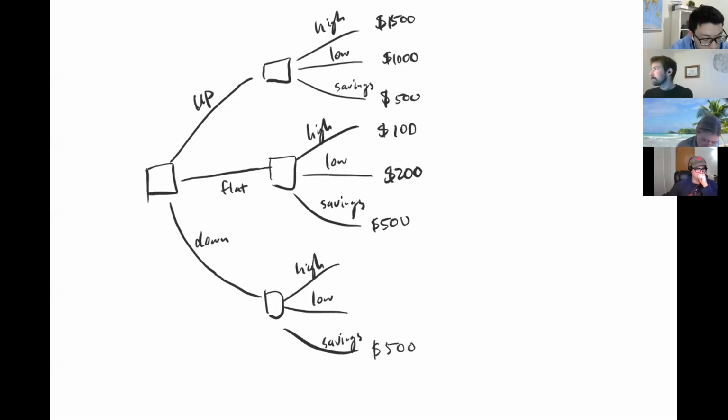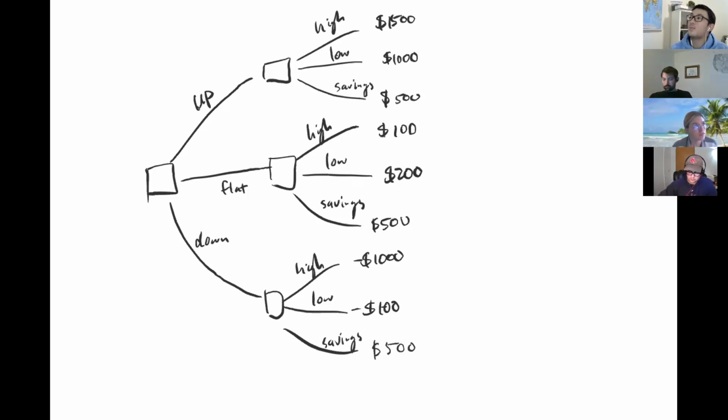And in the down, you would have negative 1000 and negative 100. Okay. So these are all of my outcomes given perfect information.